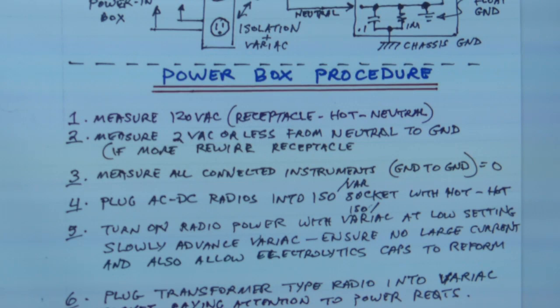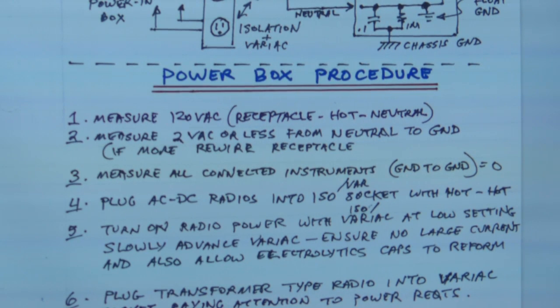So there's going to be some inductive coupling between those wires, especially even between the neutral and the ground, and you might get a little bit of stray or residual voltage on those lines. There's not much you can do about that. That's just the way things are. And if you have 2 volts or less, you're probably going to be okay, so don't worry about it. But if it's more than that, you better start debugging your power lines.